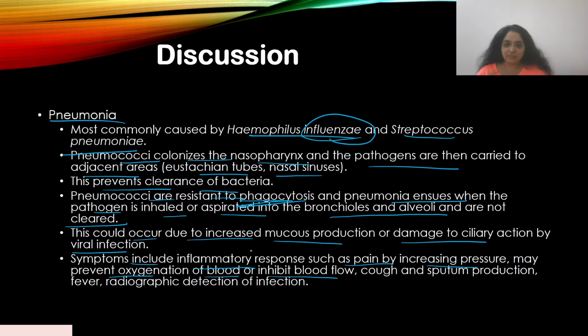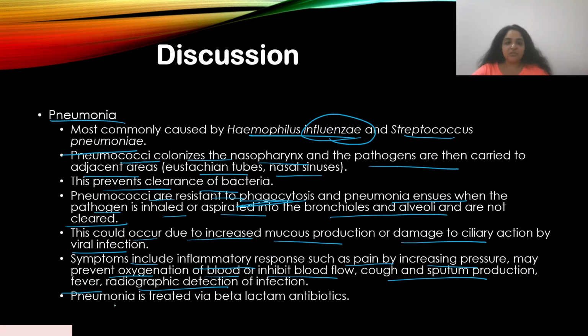Also there is cough and sputum production, and fever. You can even see the infection through X-ray, radiographic detection. Now, pneumonia is treated via beta-lactam antibiotics. So Streptococcus pneumoniae is the reason where all this occurs.